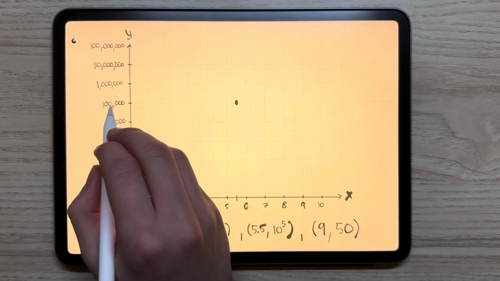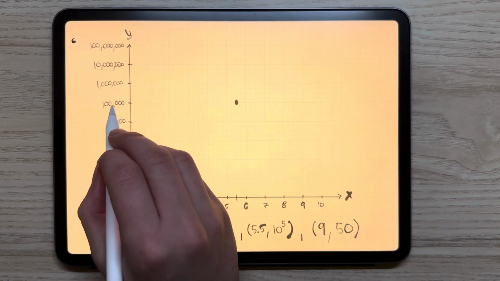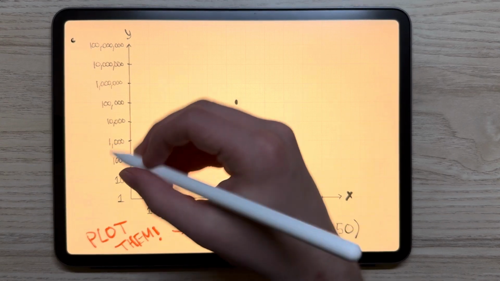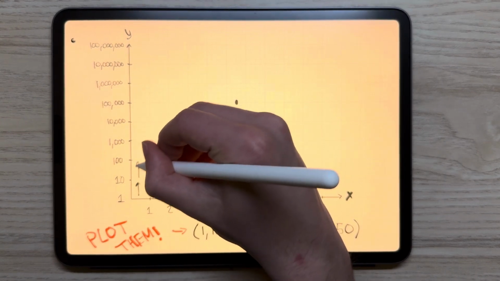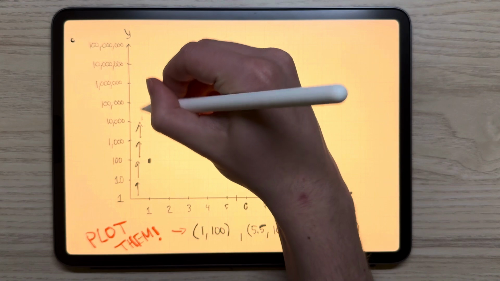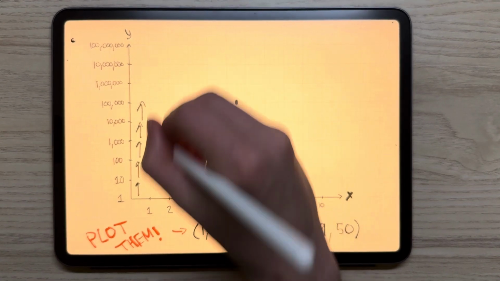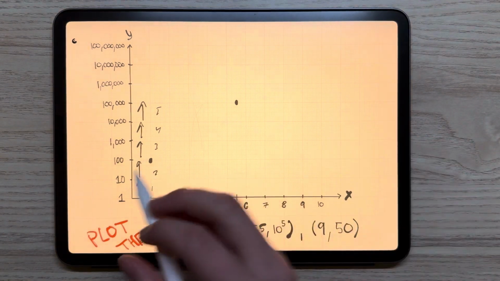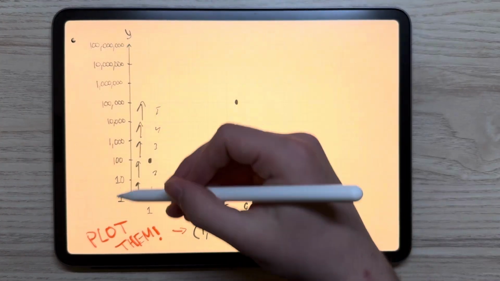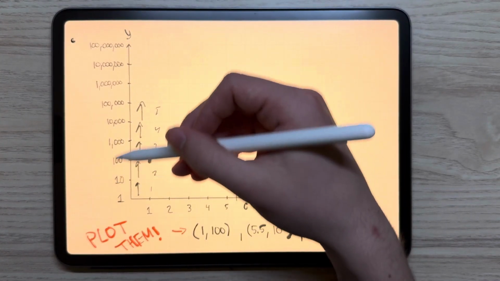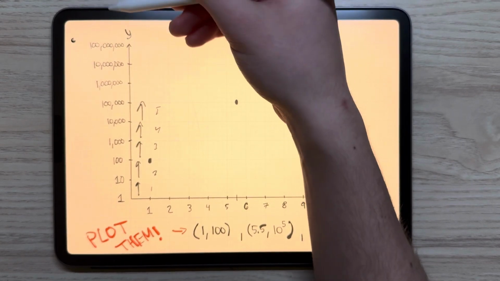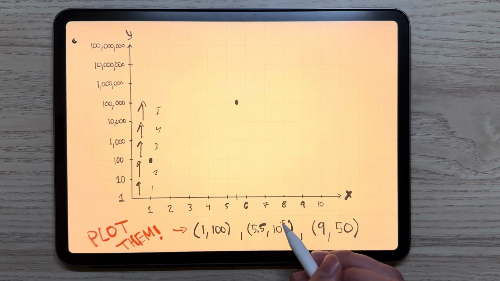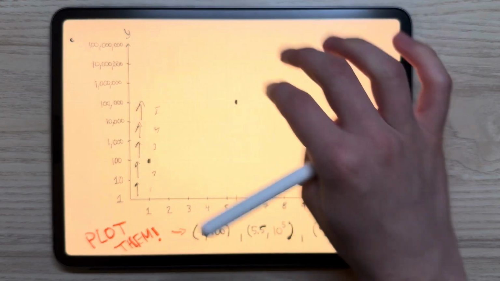Because 10 to the 5th is 100,000, or it's just the 5th one up. 1, 2, 3, 4, 5. And the reason why we can do that is because this is logarithmically scaled. These go up by powers of 10. And so if it's the 5th power, we just go up 5 times.